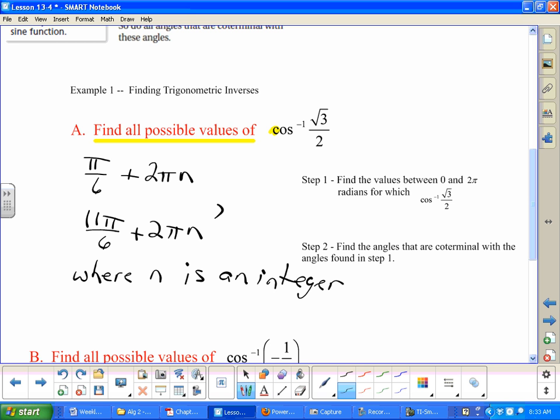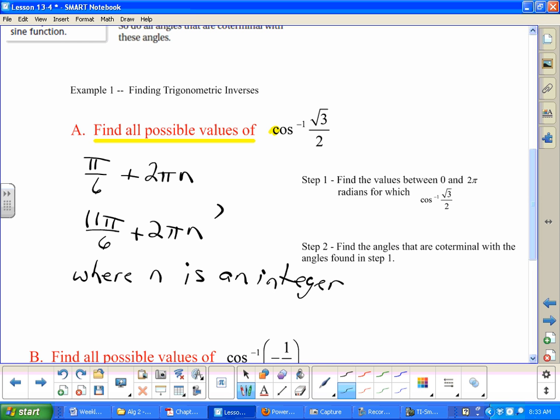What are integers? Integers are positive and negative whole numbers.